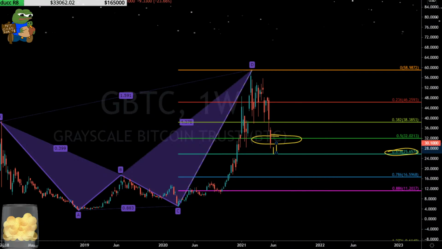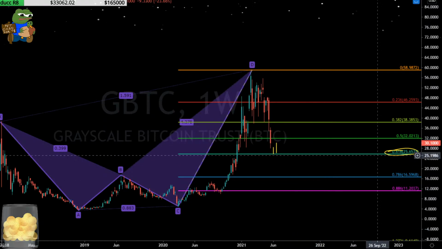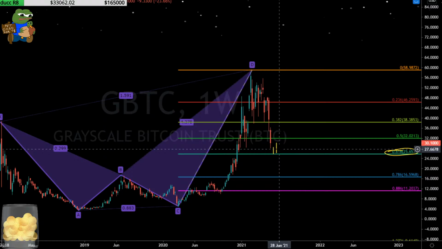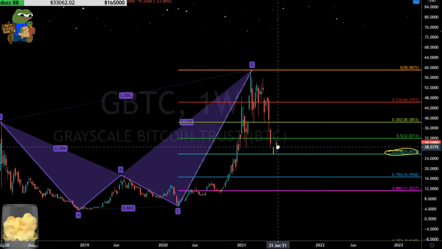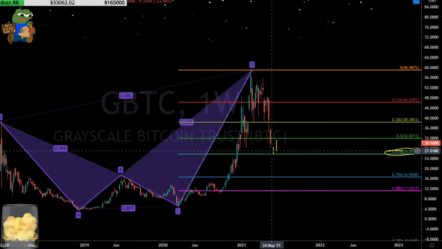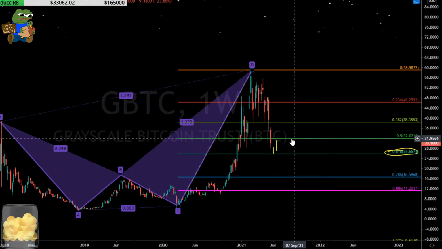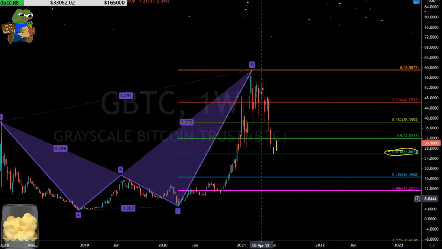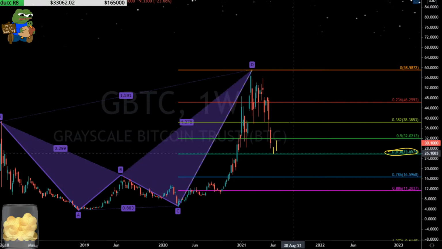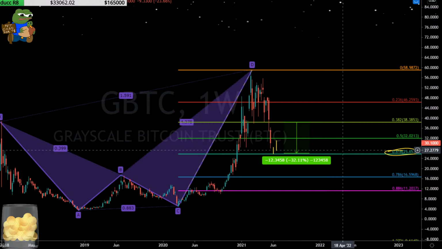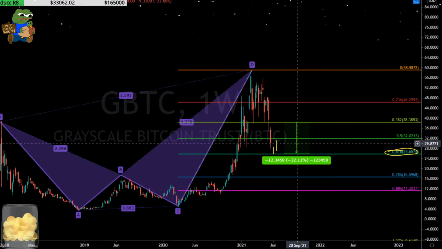That's what I'm looking for at the open. And that would also be, if you look, a low on price, a lower low on price, a higher low on price, swing failure pattern at the 618 golden retrace area. Golden retrace zone, swing failure.